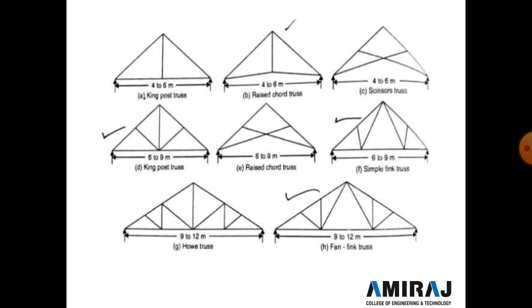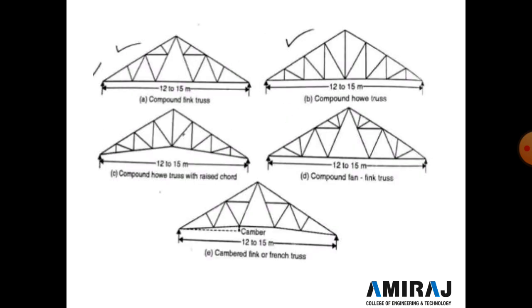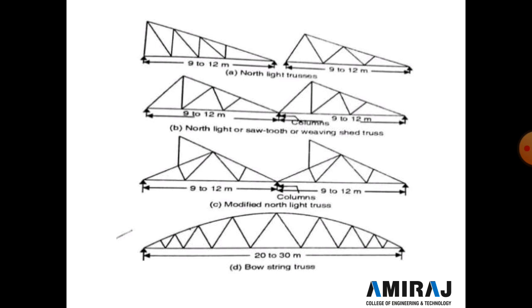All the different trusses are given with different spans. See here, these bowstring trusses are generally used. If the span is large, we provide two slopes in between.